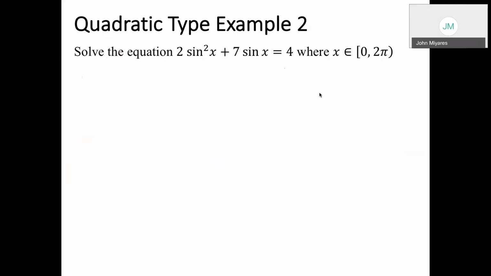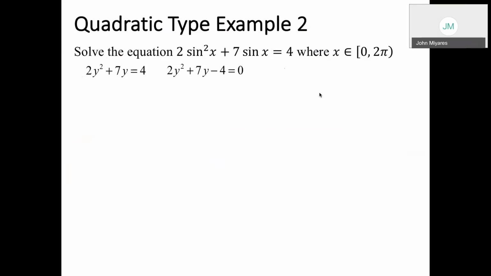When it's presented like this, it's like saying I want to solve the equation 2y squared plus 7y equals 4. When we have problems like this, remember from your algebra days, you always want to set this equal to 0 first, which will end up looking like 2y squared plus 7y minus 4 equals 0.